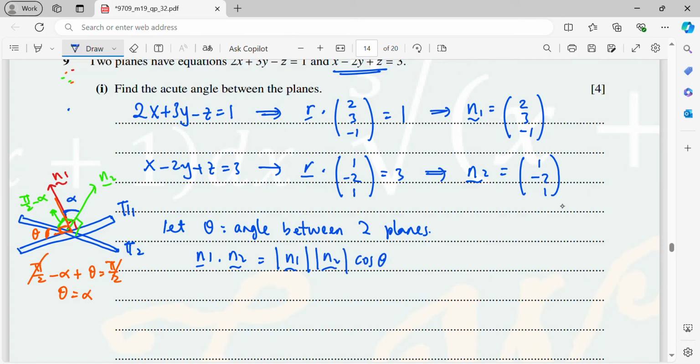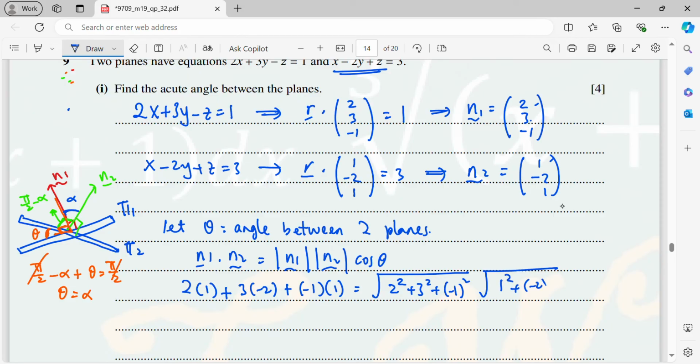So when you do the dot product, we are multiplying the corresponding components. 2 times 1 plus 3 times minus 2, plus minus 1 times 1 equals square root of 2 squared plus 3 squared plus minus 1 squared, then square root of 1 squared plus minus 2 squared plus 1 squared, followed by cos theta.